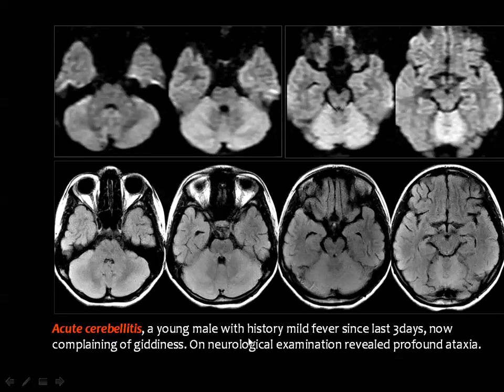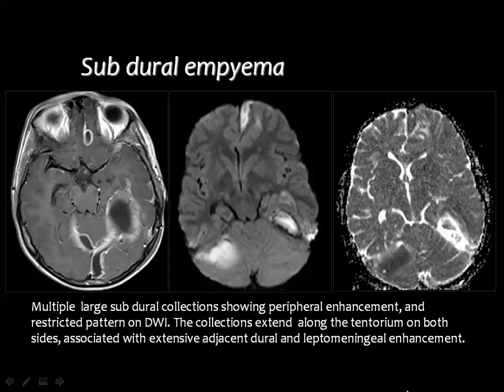A case of acute cerebellitis in the FLAIR images and in the diffusion weighted images, and you got bright signal in the DWI, meaning that there is diffusion restriction. Subdural empyema in the tentorial leaflet by T1 post contrast.